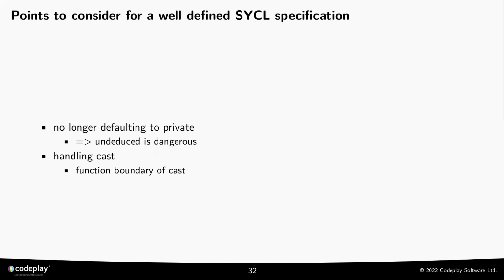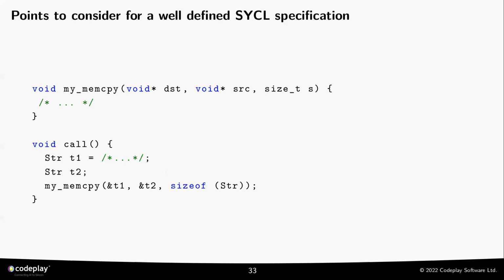Another point relating to cast is that we need to stop the propagation of the cast analysis through function boundaries. So let's assume that the user wrote a memcopy function that takes in void pointers. Then in the calling function, he just initializes a structure using another one. Then we might want to actually move the information that we hold about address spaces from T2 to T1.